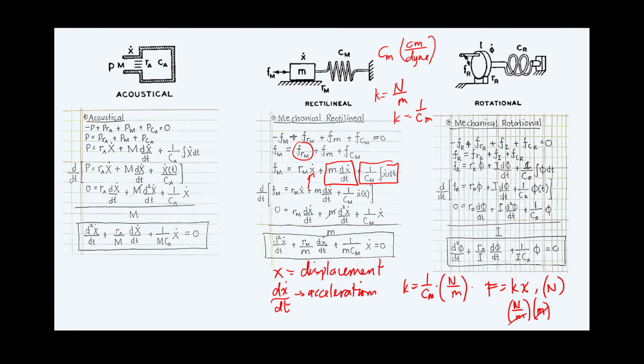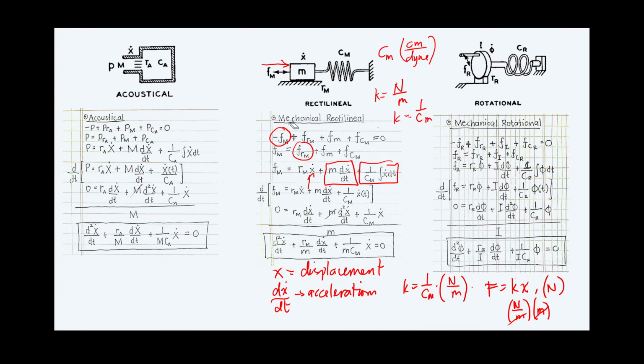The force exerted by the spring. If you are exerting force on the spring, the spring will respond in the opposite direction. So if your Fm goes this way, the force of your spring is opposing that force. That's why we have the action reaction. So if you have negative Fm here, this one is positive.